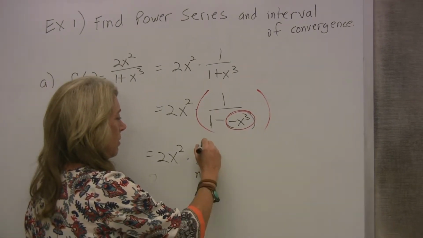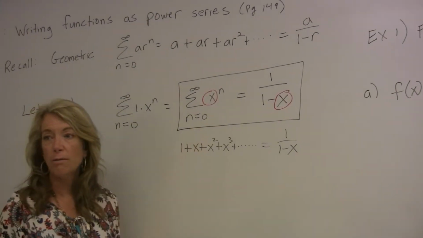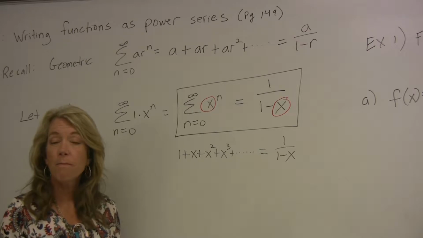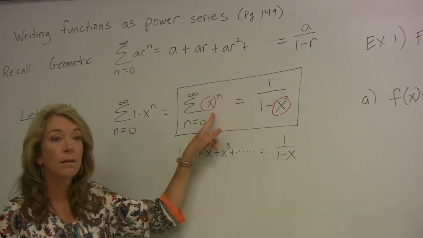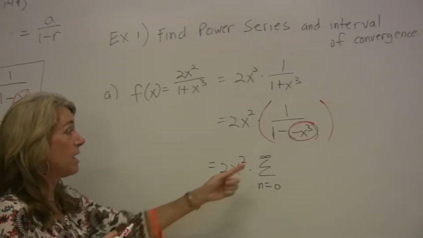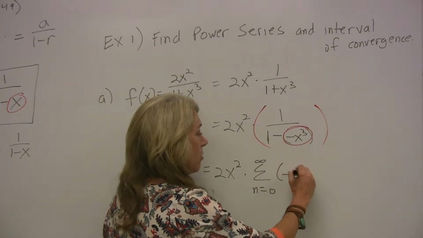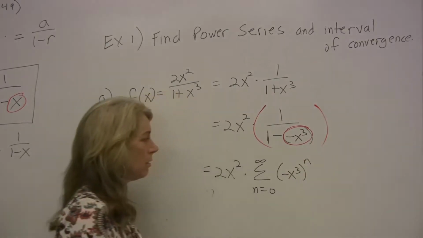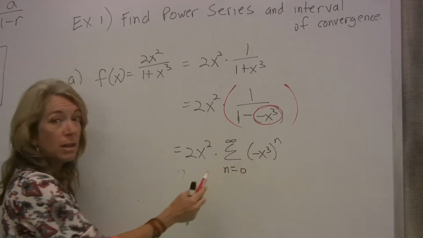N equals 0 to infinity of what raised to the n? Negative x cubed to the n. I have a negative x cubed here, so I have a negative x cubed to the n here. Whatever is coming after your subtraction right there is what gets raised to the n.